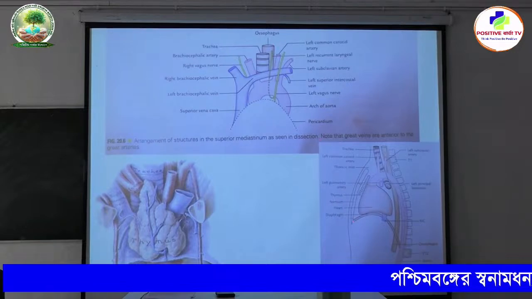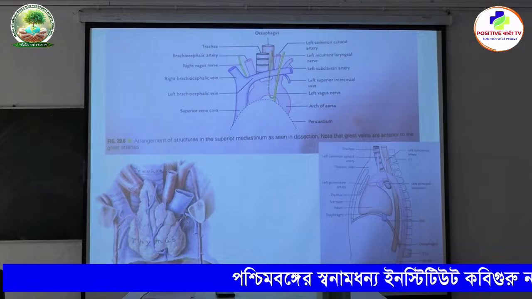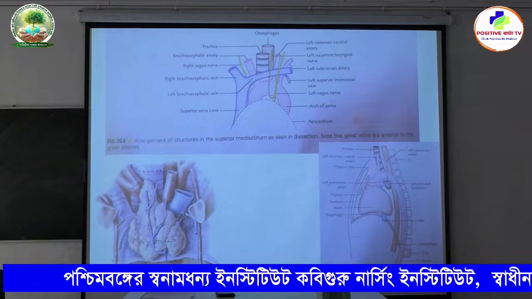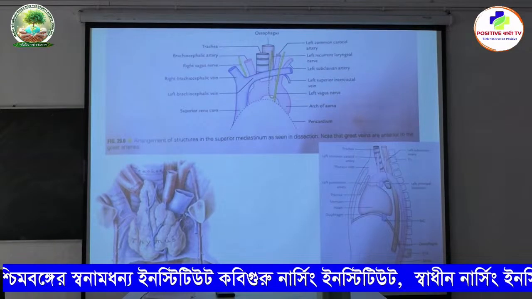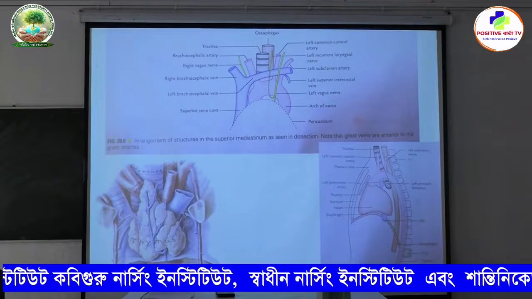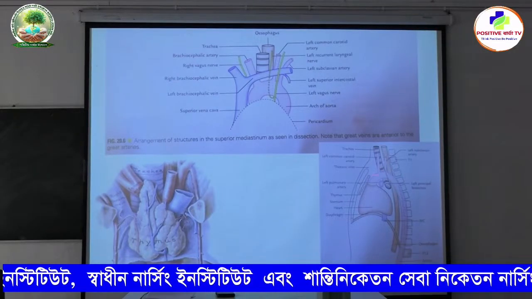Okay. And here this is sagittal section through the thorax. You can see the sternum, then posterior to sternum, here lies the thymus gland, not present in adult. It is replaced by fatty tissue in adult. Heart and pericardium, ascending aorta, arch of aorta, descending aorta.